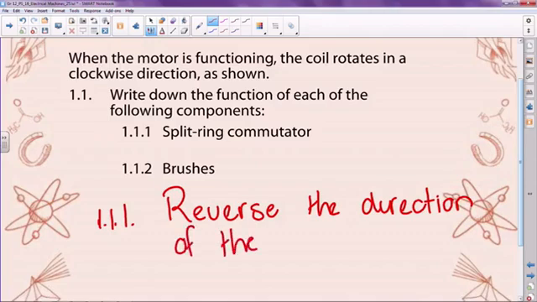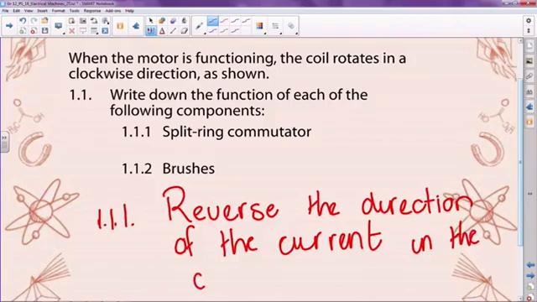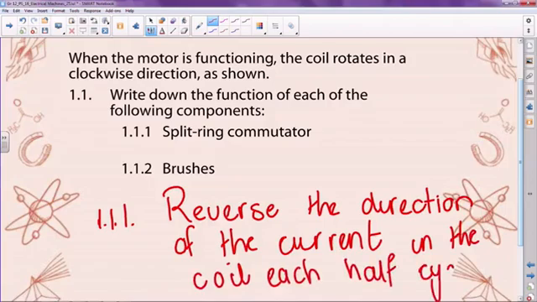Okay, and that ensures that the coil turns in the same direction the whole time. So the commutator is very, very important, because it makes sure that the current in the coil reverses direction so that the coil keeps turning in one direction. That's the best way to put it.